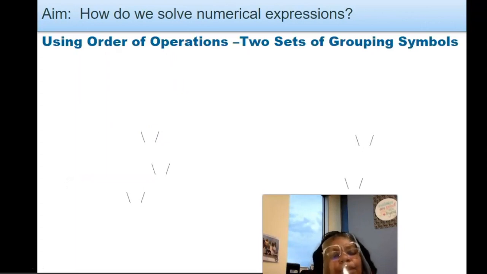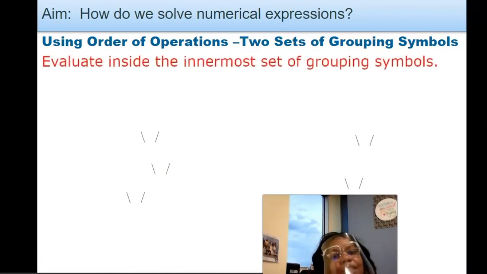So let's look at some problems, and you'll see these rarely, but a lot of times with our NC check-ins, we see these a lot. Our order of operations with 2 sets of grouping symbols. So the first thing we're going to do is make sure that we are evaluating the innermost set of grouping symbols.